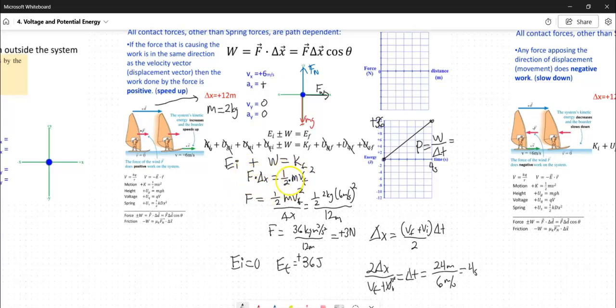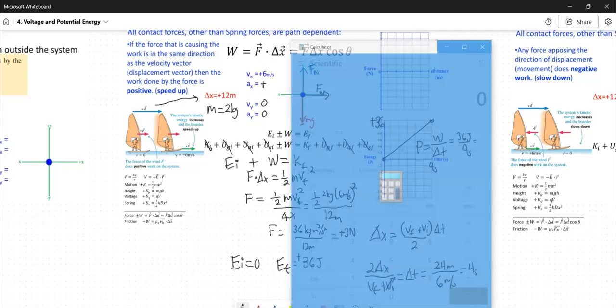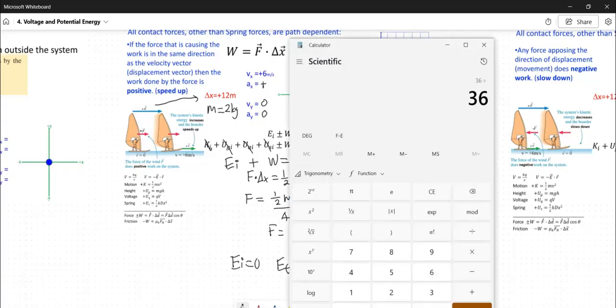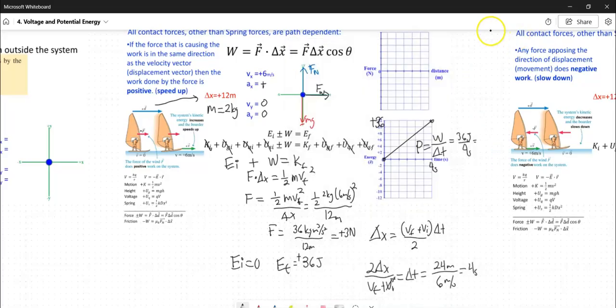If work is equal to 1/2 m v squared, and 1/2 m v squared is 36 joules, that means work is 36 joules. So now this is going to be 36 joules divided by 4 seconds. So the amount of power that is happening here is 36 divided by 4, which is 9. That is 9 watts.